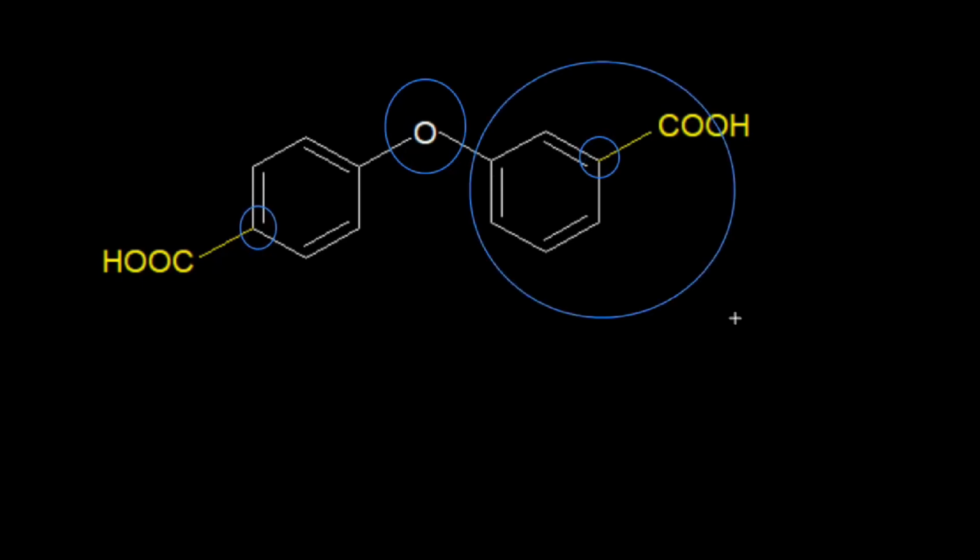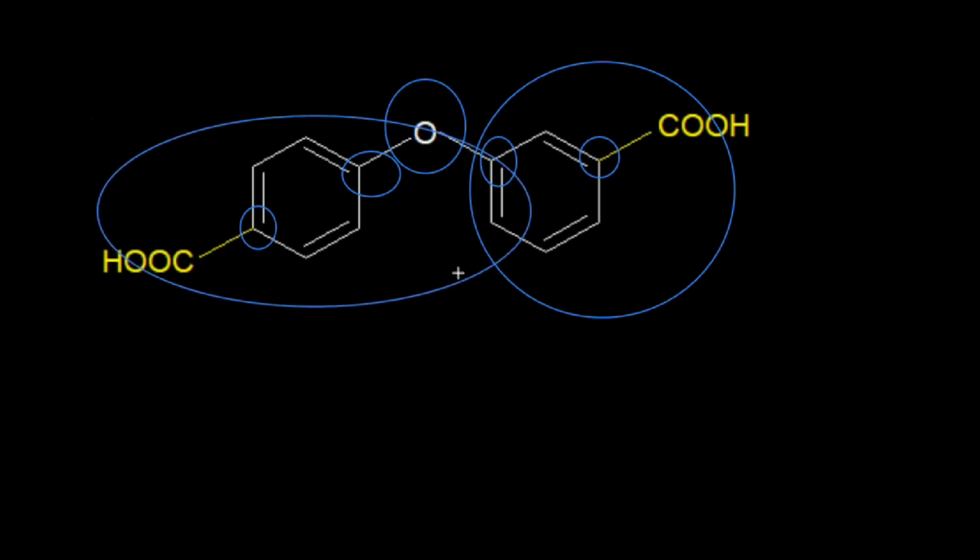If you select this part as a heading part, the substituent would get the 3rd position. But if you select this part as a heading part, the substituent would get the 4th position. According to IUPAC, that part would be selected as a heading part which gives the lowest locant to the substituent. Therefore, the benzoic acid group on the right side would be selected as the heading part and this whole part would be treated as the substituent.